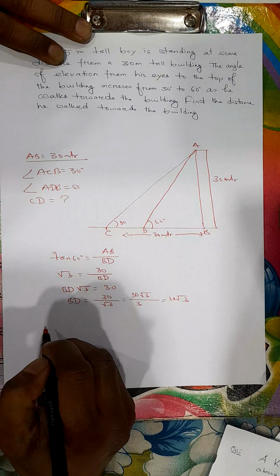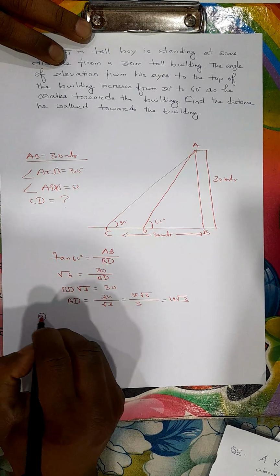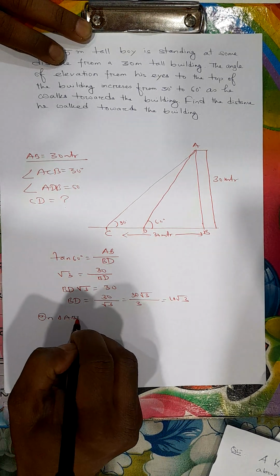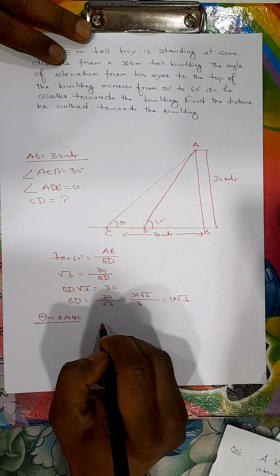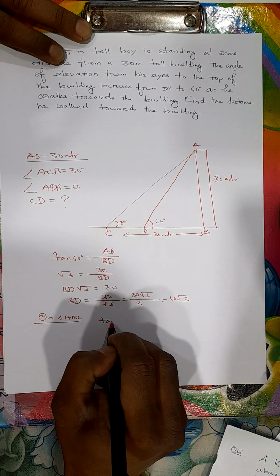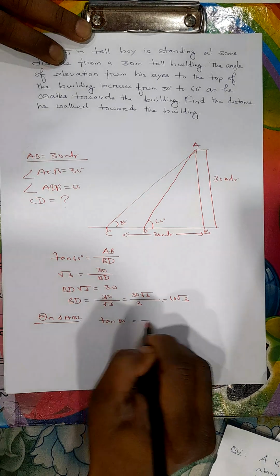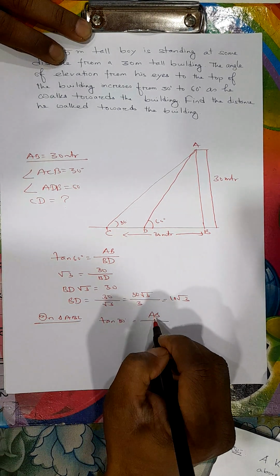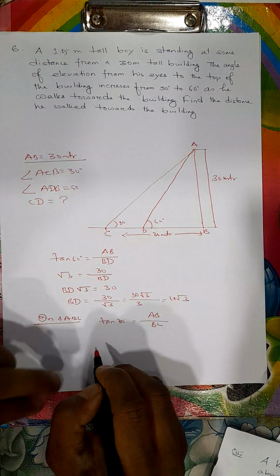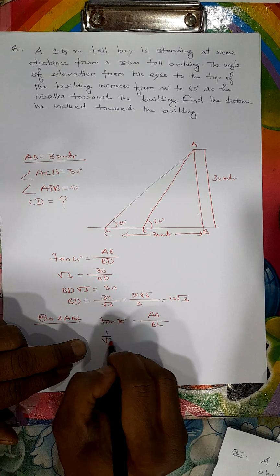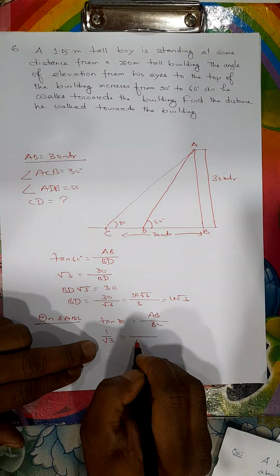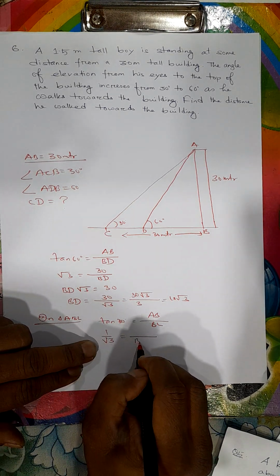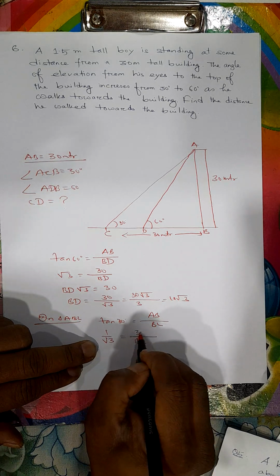Now let us come to triangle ABC. In triangle ABC, tan 30 degree equal to, this time, AB by BC. Tan 30 degree is 1 by root 3. BC is unknown, right? What is AB? 30.